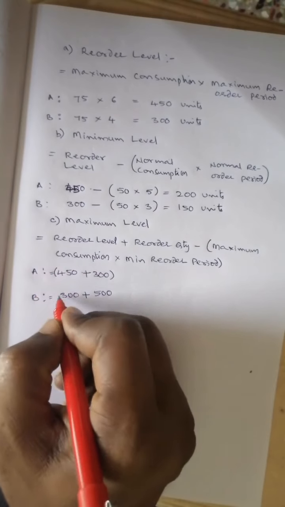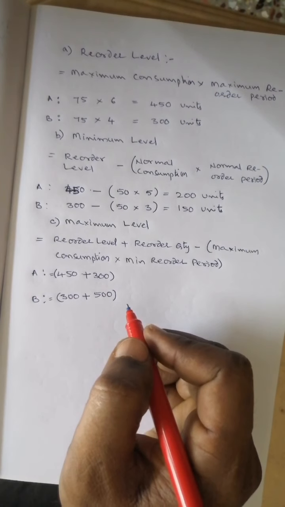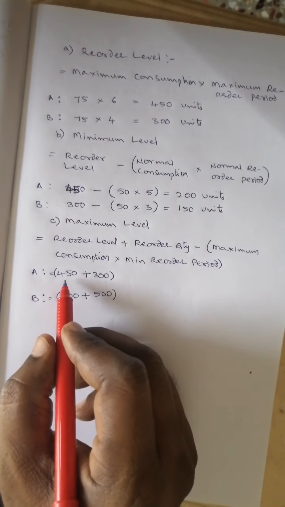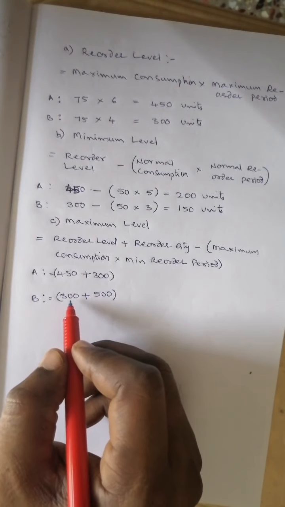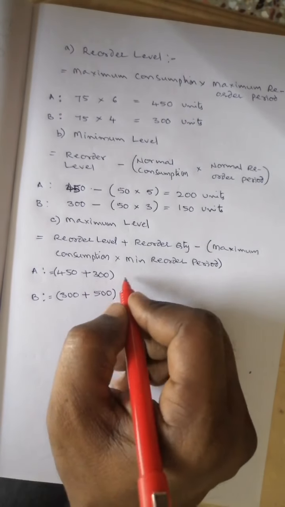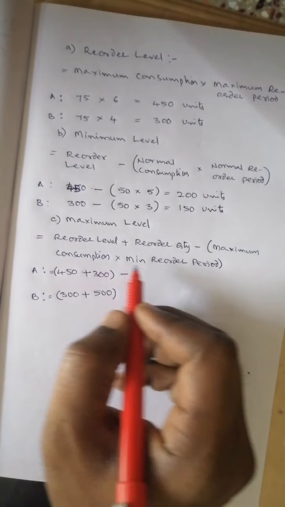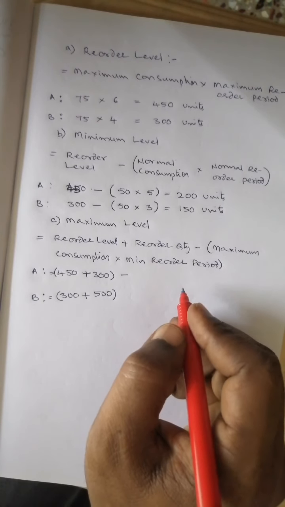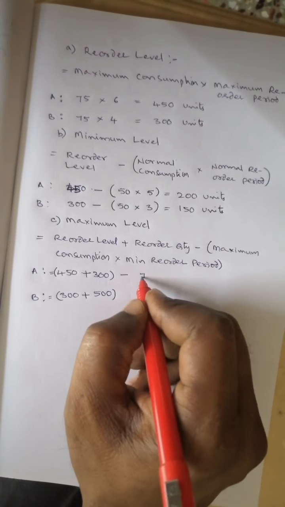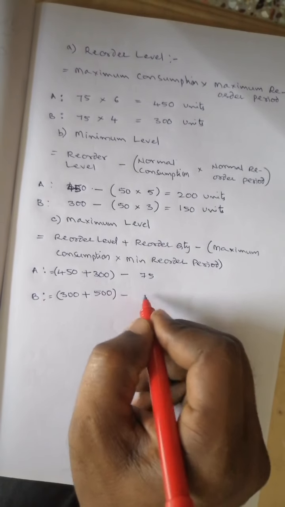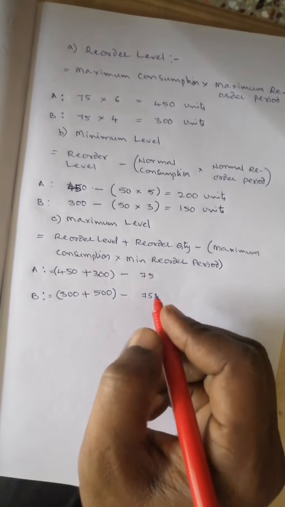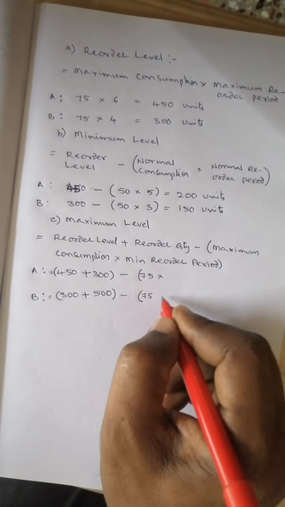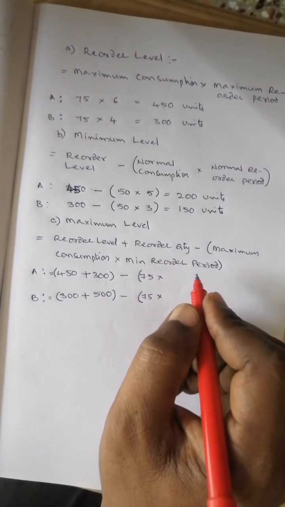So this part is over. What is this? Reorder level plus reorder quantity for A component, for B component. A component 450 plus 300, B component 300 plus 500, minus the second part, maximum consumption and minimum reorder period. Maximum consumption is common to both component A and component B, which is 75. So 75 units is the maximum consumption for both components, multiplied with the minimum reorder period.